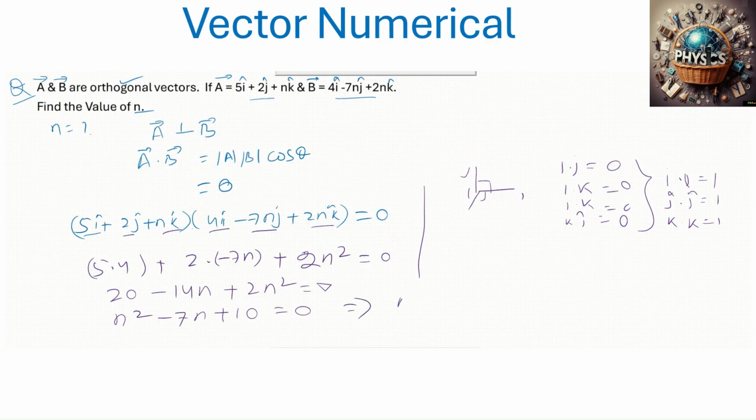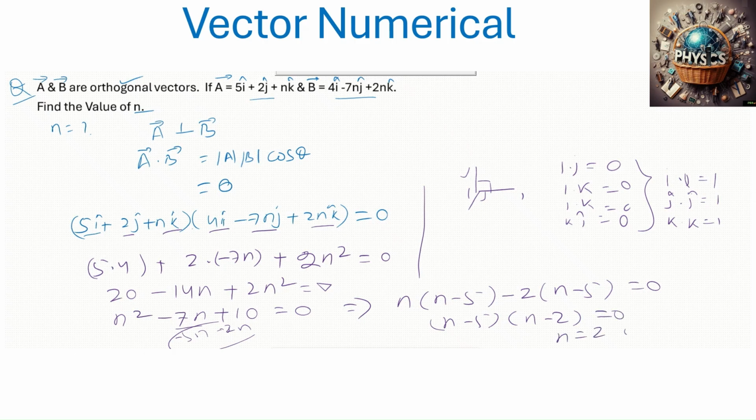If we split the middle term into minus 5n and minus 2n, since minus 5 into minus 2 is plus 10, we get n into n minus 5, minus 2 into n minus 5, equals 0. And we get n minus 5 into n minus 2 equals 0. So we get n equal to 2 or n equal to 5. These are the values. That's how we do it.